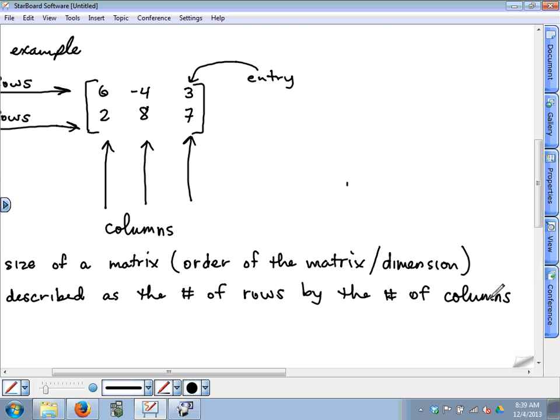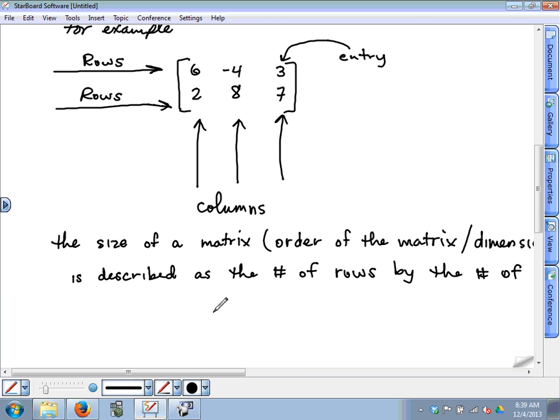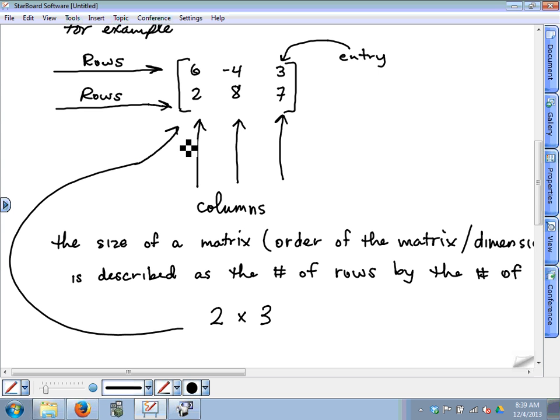Always the number of rows and then the number of columns. It has to be described that way. So for this particular matrix, how many rows? How many columns? So you would call this a 2 by 3. That's how you describe it. This matrix right here, it's a 2 by 3 matrix.